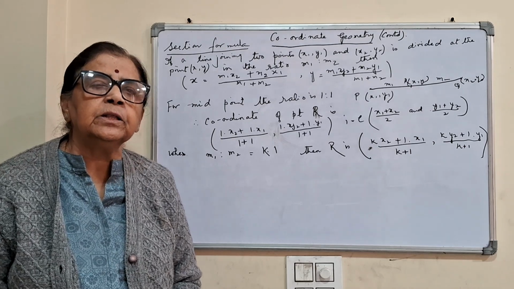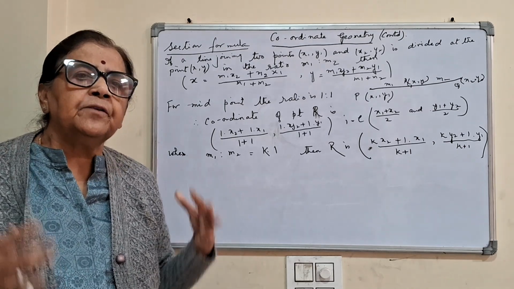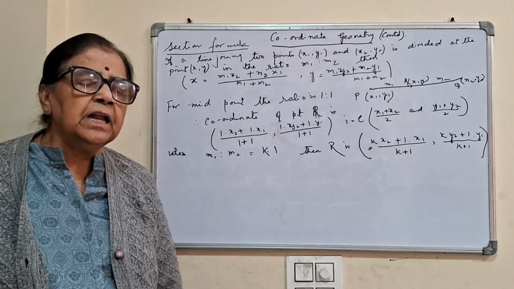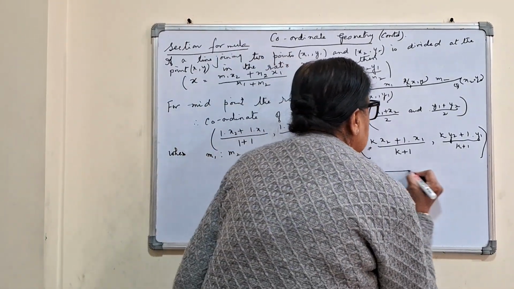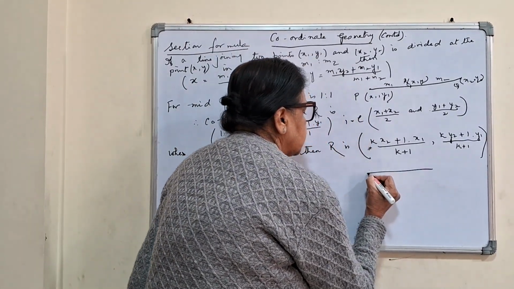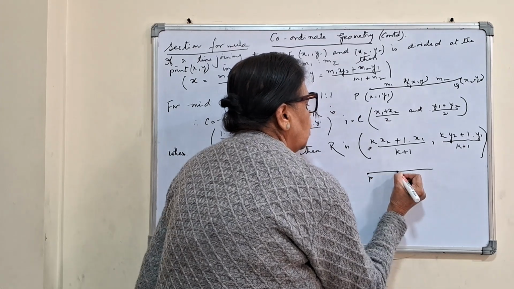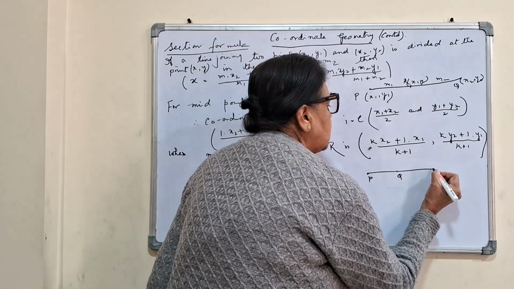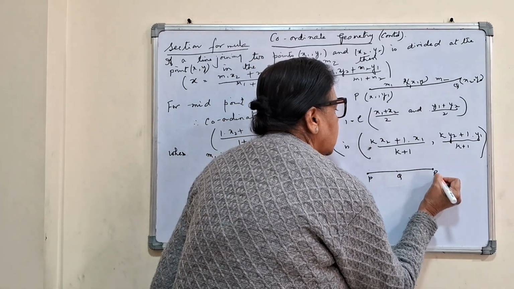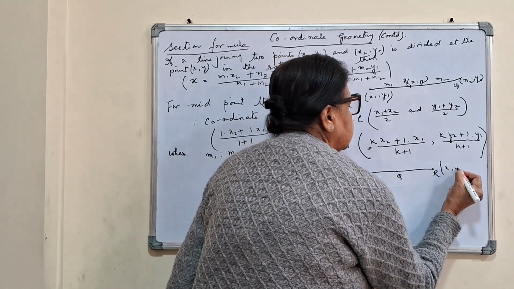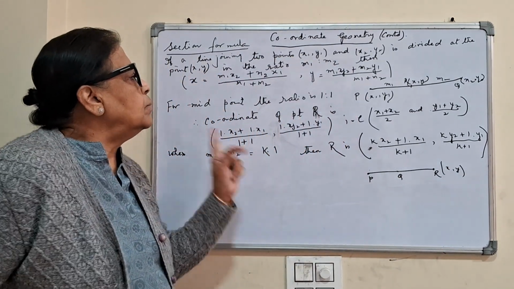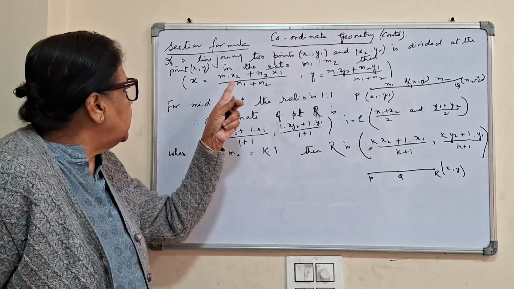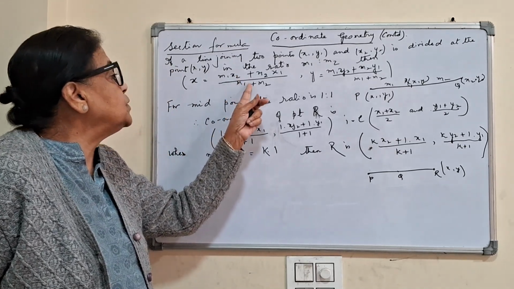When it is divided externally, that means our point will be where this is the point P, Q, and this will be the point R, R is x comma y. Yes, so it will be all minus.